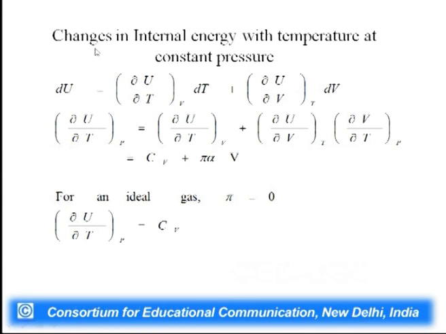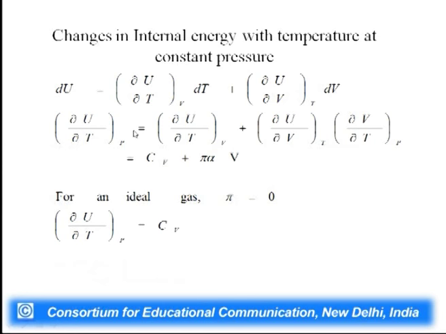So, since we want to calculate change in internal energy with temperature, we will simply write ∂U/∂T at constant pressure. Now, here the process is carried out at constant pressure, so either of these two terms is not going to be 0.